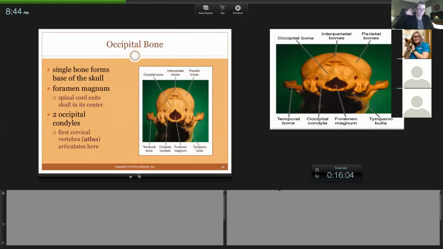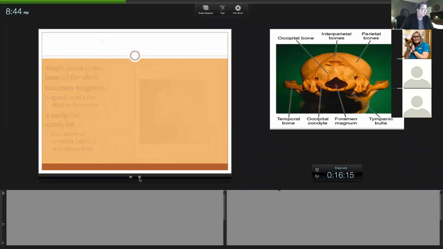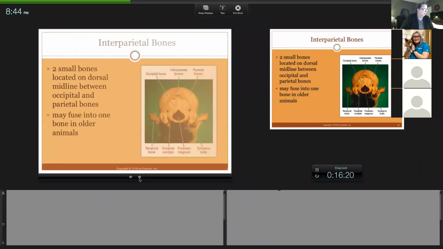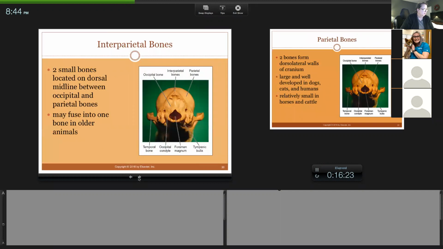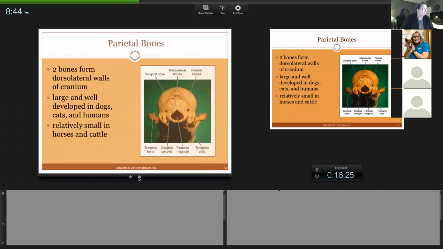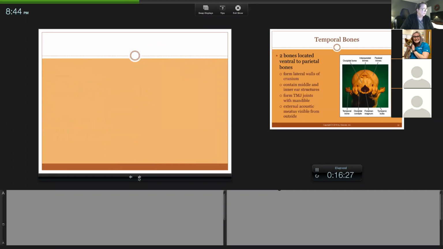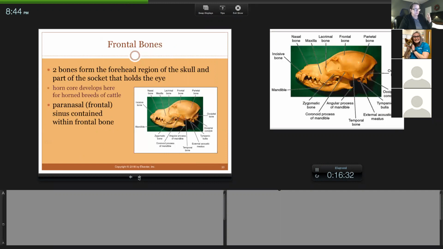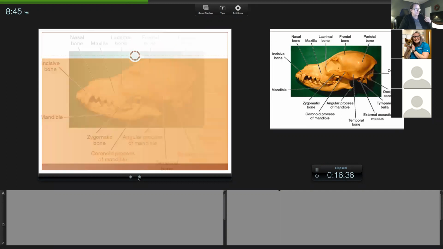The occipital is on the back, has the foramen magnum. The temporal is on the side, but in the interest of time, let me get to this picture.